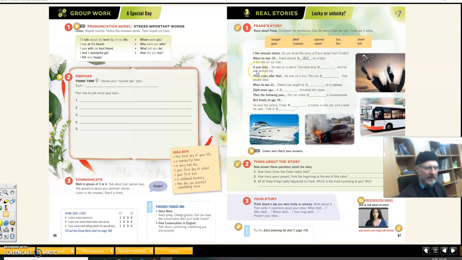Okay, so then we have a year later, 3 years after that, when he was 41. See, all of these take you into the past tense. All of these phrases, all of these connective phrases: 8 years ago, then the following year, but finally at age 74.